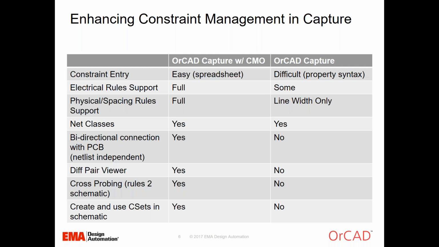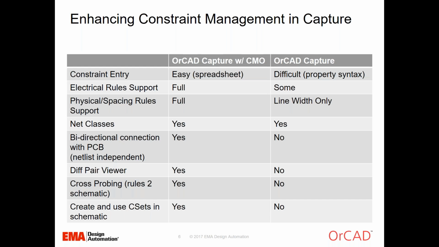When added to the OrCAD design flow, CM for OrCAD provides an easy-to-use spreadsheet-driven interface for entering design constraints. CM for OrCAD offers a direct bidirectional interface to the Allegro and OrCAD PCB Editor .brd files. With CM for OrCAD, the engineer may cross-probe between the Constraint Manager spreadsheet and the OrCAD Capture graphical schematic.